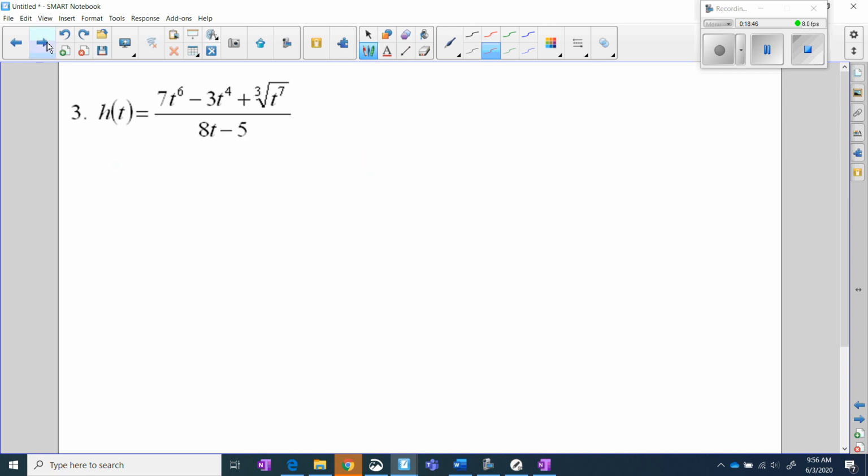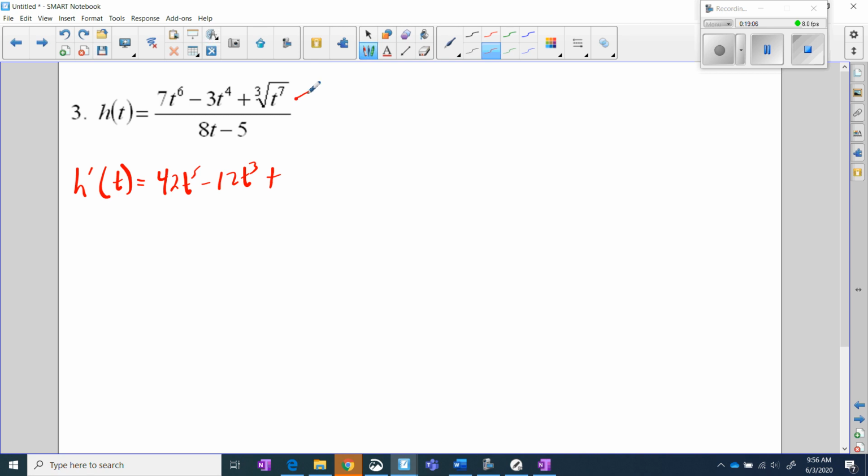Example 3. We said that this one is a quotient. So it's a function of t. Again, the variable doesn't really matter. Still done the same way. So h prime of t would be derivative of the numerator. 42 t to the 5th minus 12 t cubed.